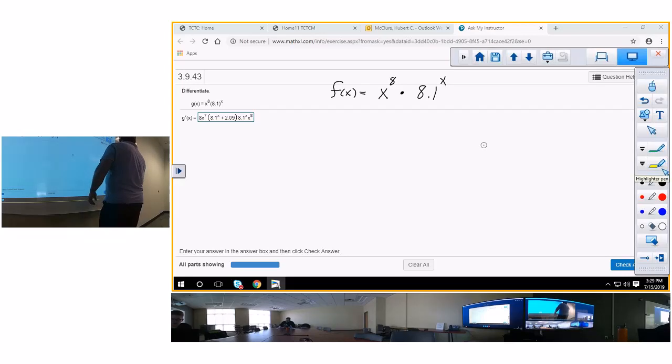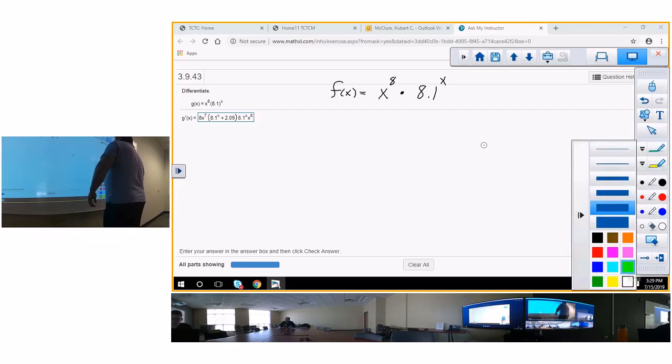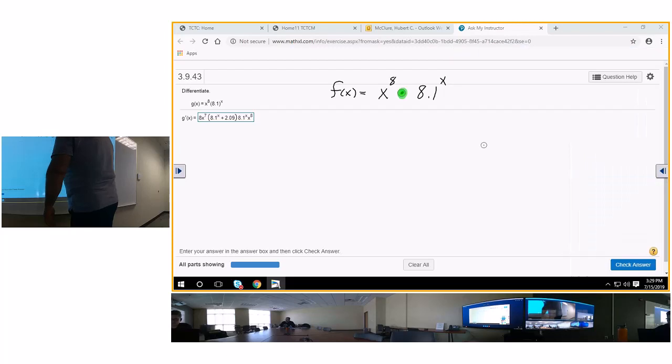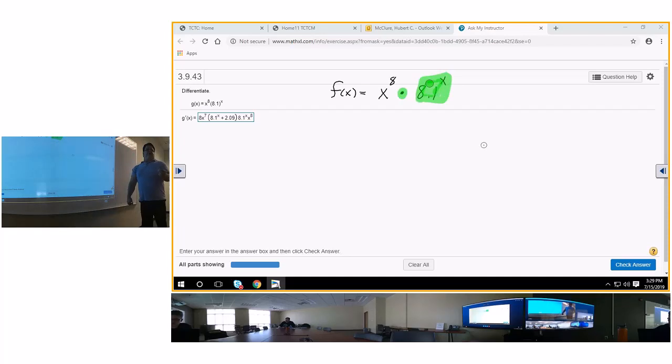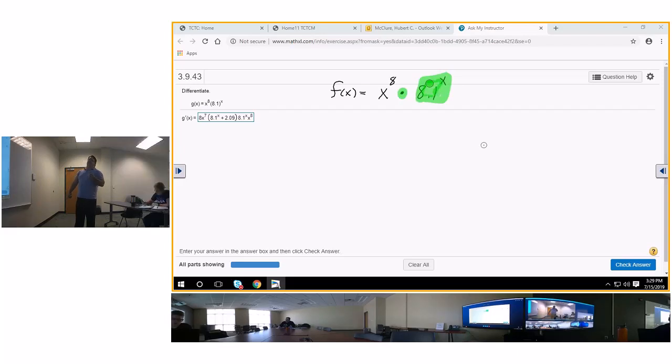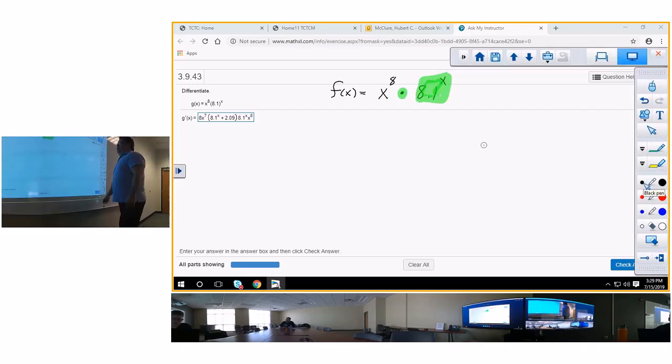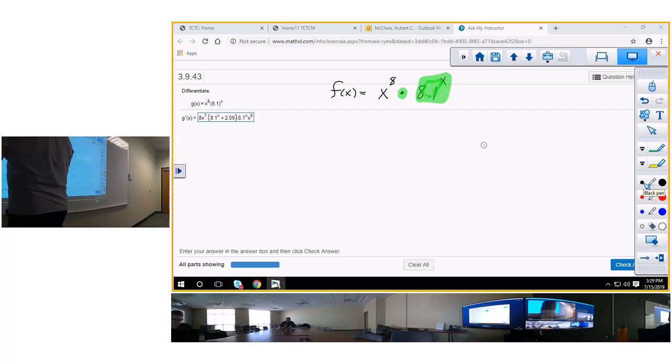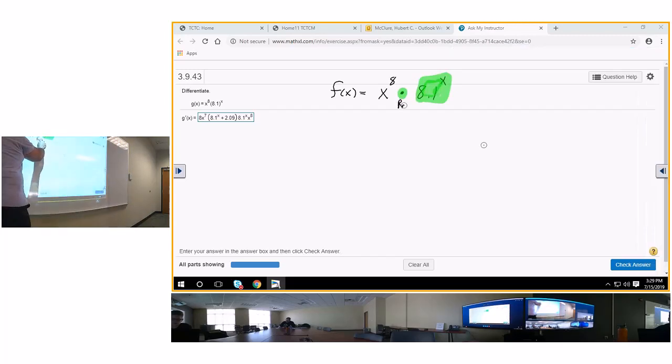And I'm going to take my green highlighter. Focus on the multiplication symbol and what else? The x power. When you see that x power, you know you're going to rewrite that as a natural log. That's a flag. Okay? So, I'm going to do the product rule, because that means product rule.